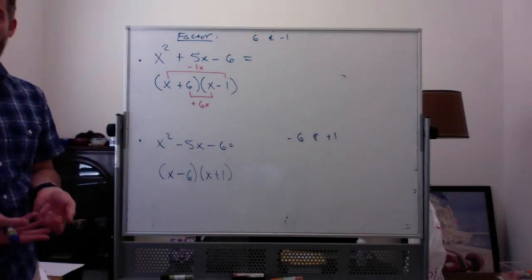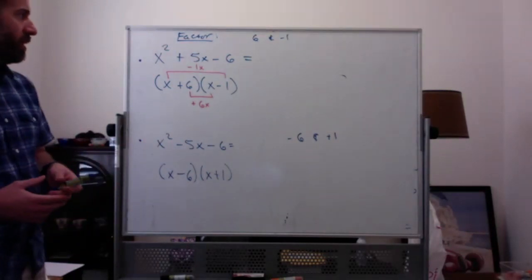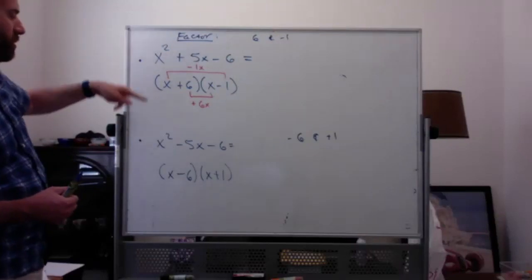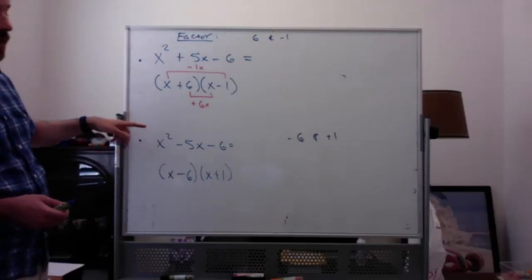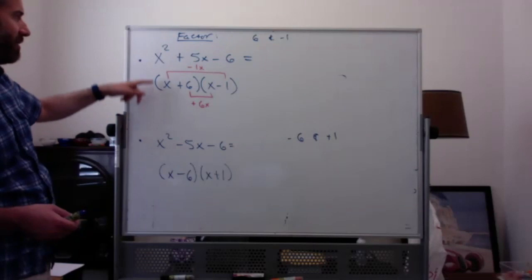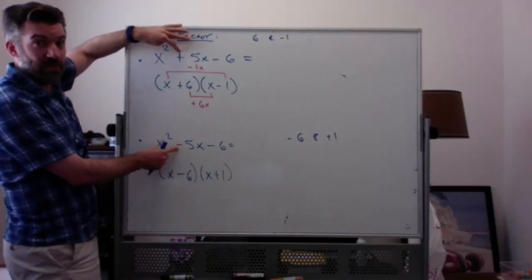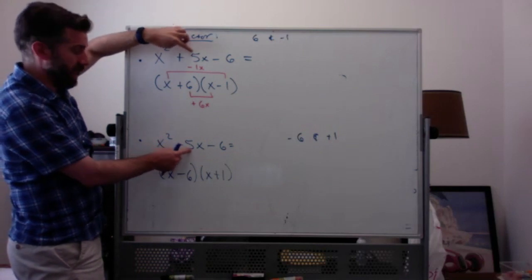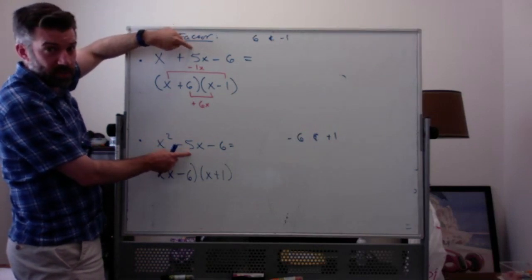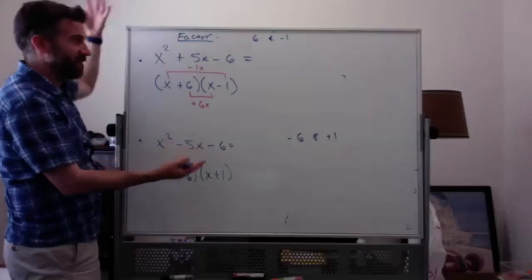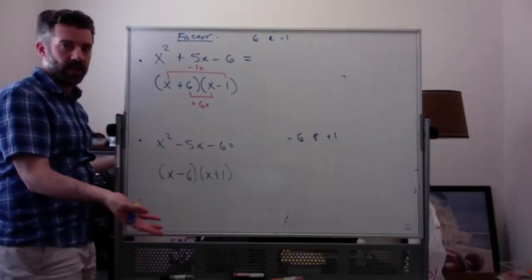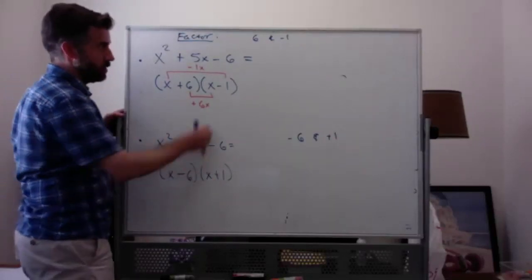The observation I want to make for you all is that if the quadratic is exactly the same, except the middle sign, the coefficient of b is the negative of what it was before, right? If one's positive and one's negative, it's going to factor exactly the same way, except the signs are going to switch.